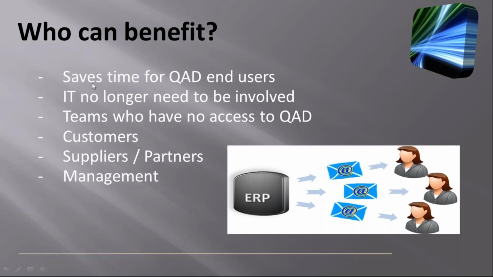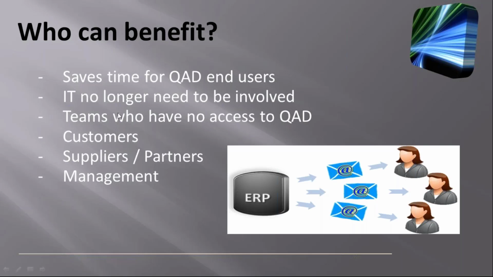Who can benefit from this? First of all, QID end users who have access to the QID system. For them it will be time saving, because instead of running those reports manually and waiting, this can be scheduled to run automatically in batch mode, and they will receive emails with the attachments.